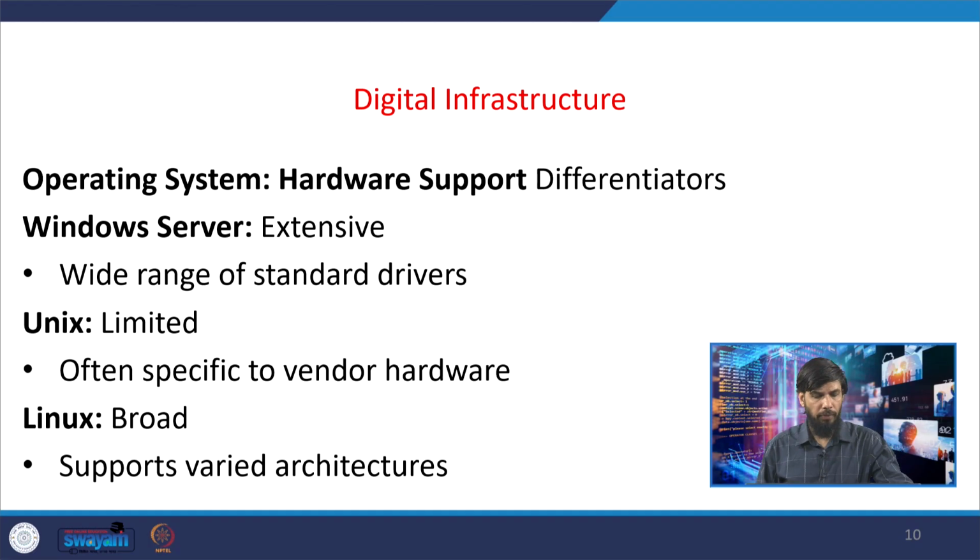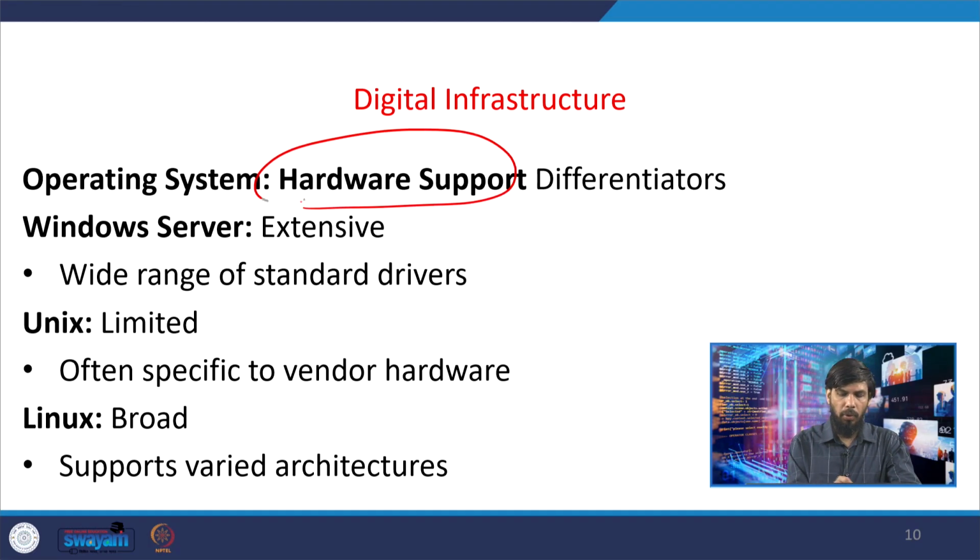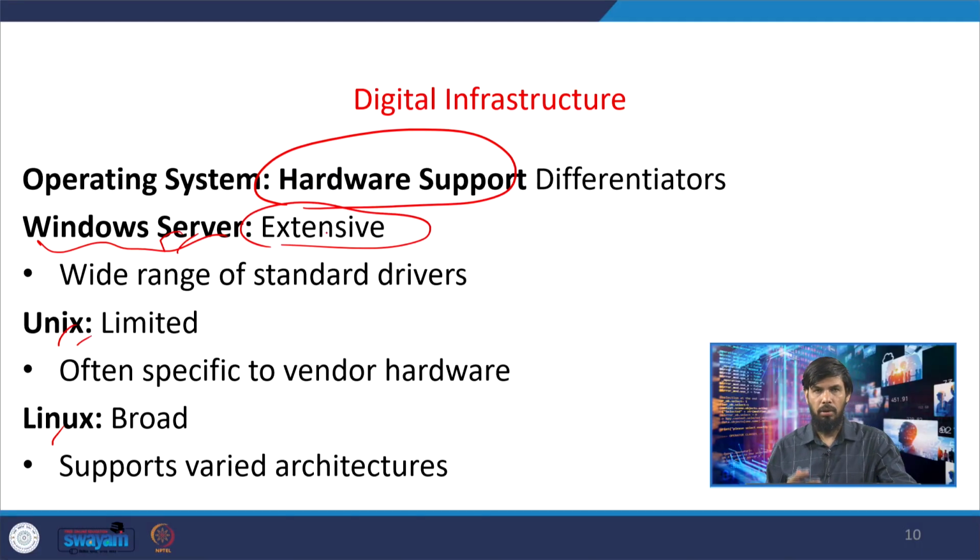Moving on, now we look at the kind of hardware support that is there for these three operating systems, that is Windows Server, Unix and Linux. In the case of Windows Server, extensive hardware support is there because the Windows ecosystem is quite huge. The ecosystem is also coming from the PC segment, and that is extending back to Windows Server also.